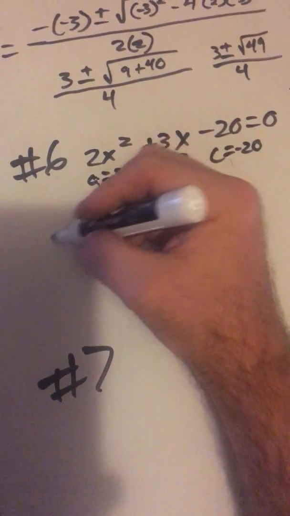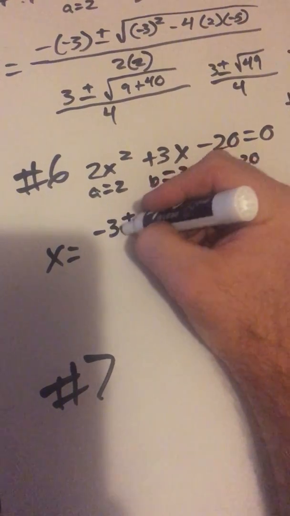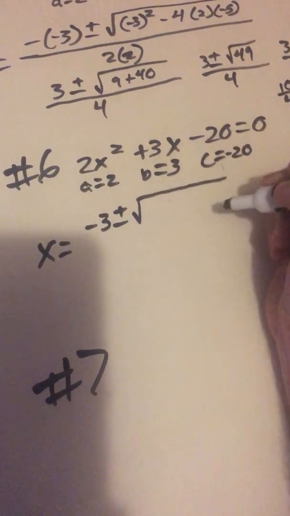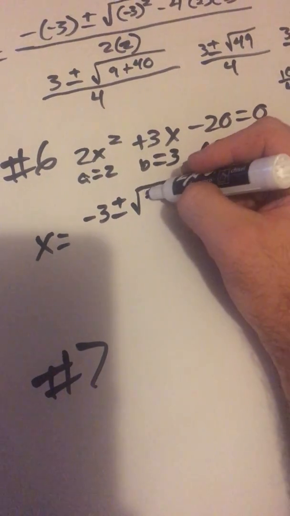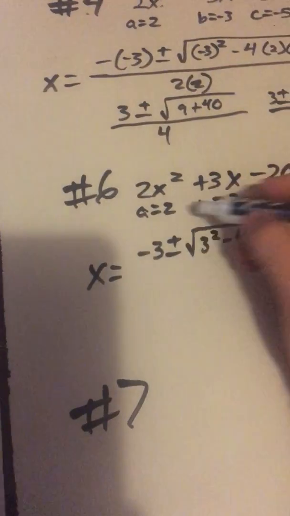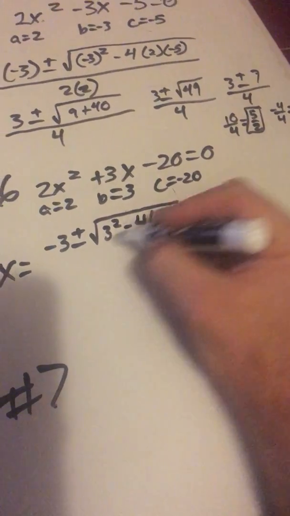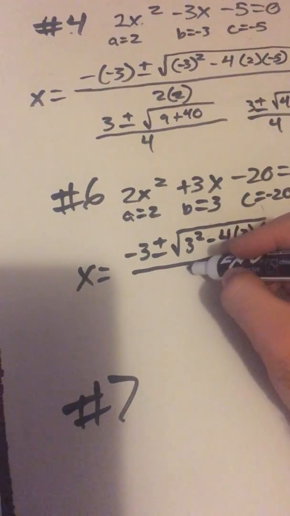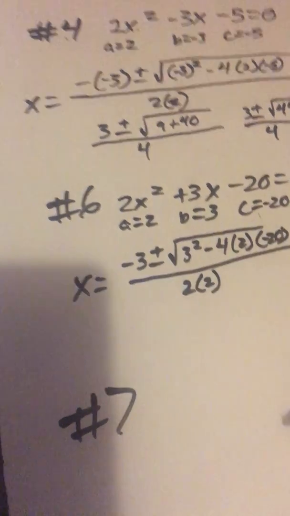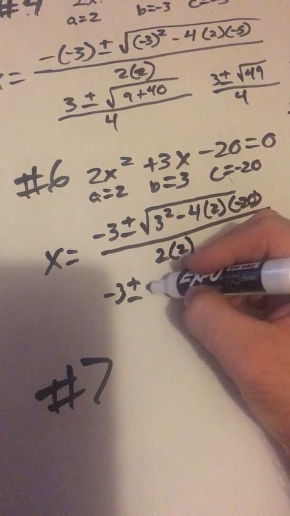So now let's do the quadratic equation. x equals negative b plus or minus square root b squared minus 4ac all over 2a. So now I have negative 3 plus or minus.